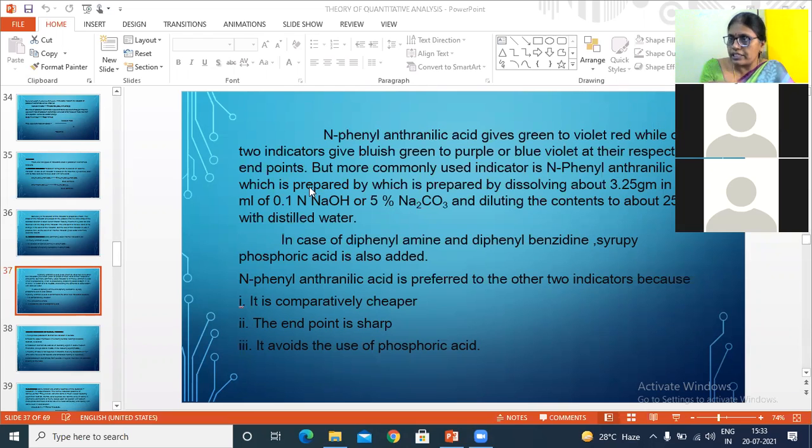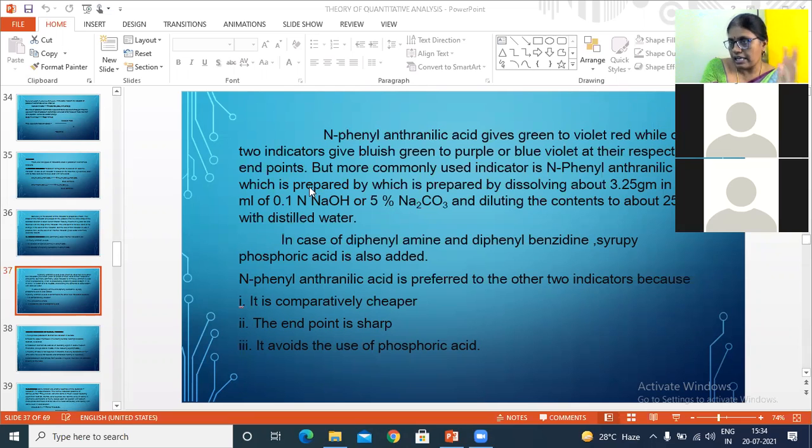For N-phenyl anthranilic acid, we dissolve 3.25 grams in 12 ml of 0.1 N sodium hydroxide, or 3.25 grams in 12 ml of 5% sodium carbonate. We dissolve it first, then add water to make up 250 ml. Then it is ready as the indicator.